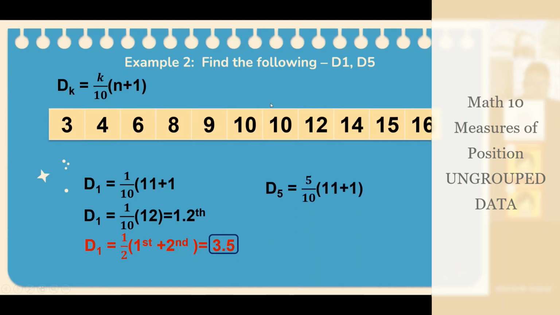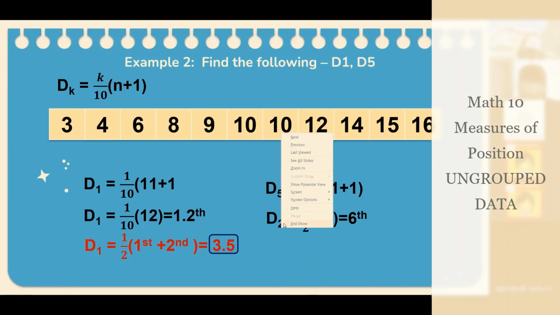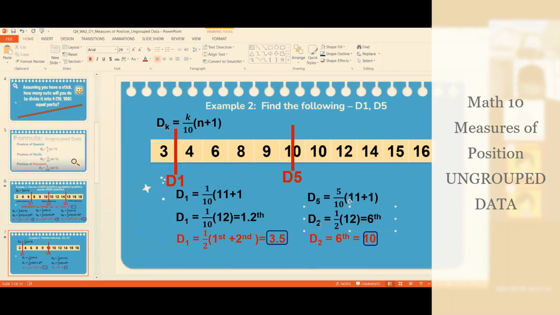Now, let's have decile 5. Decile 5 is the same as quartile 2, right? It's the median, yung gitna. So, let's see what's decile 5 here.